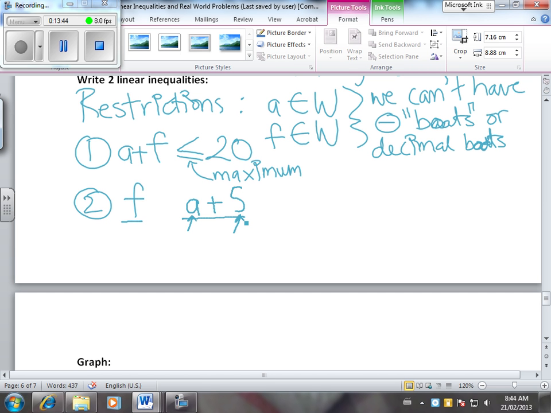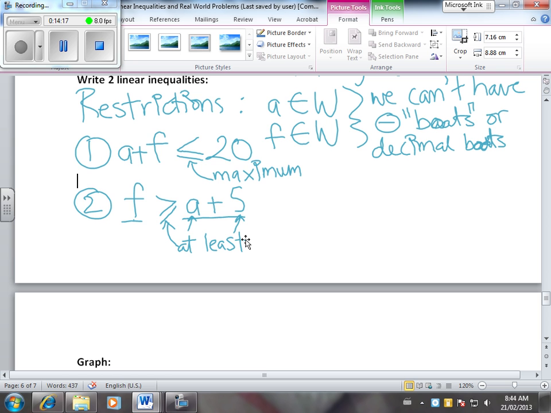So what's our inequality going to be? Are there going to be more fiberglass boats or more aluminum boats? There'll be more fiberglass boats. So we put a greater than and an equal to, because it's at least. They could make more than 5 extra fiberglass boats, but they have to make at least 5.